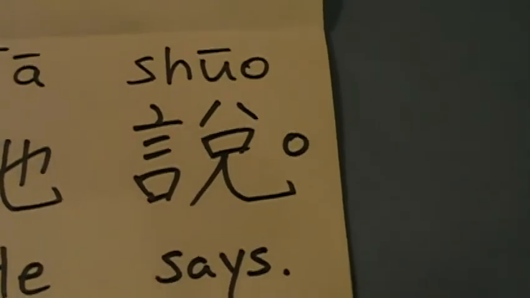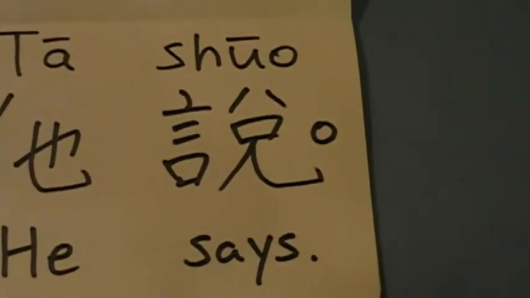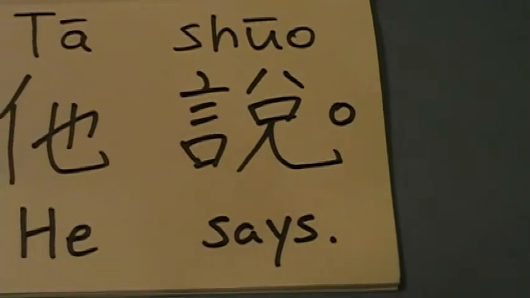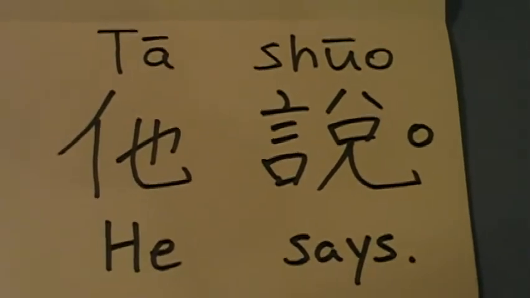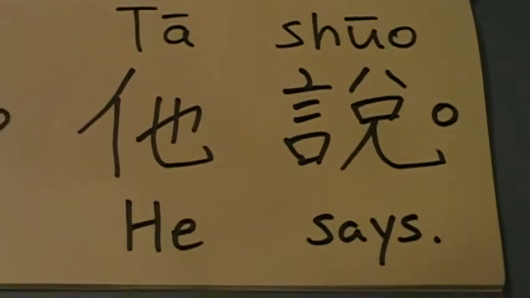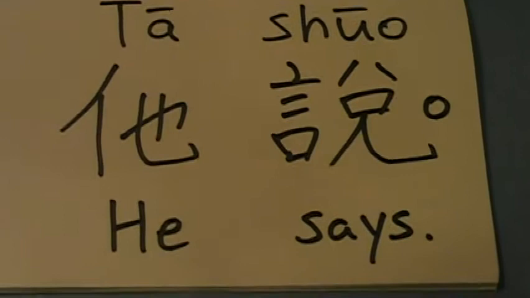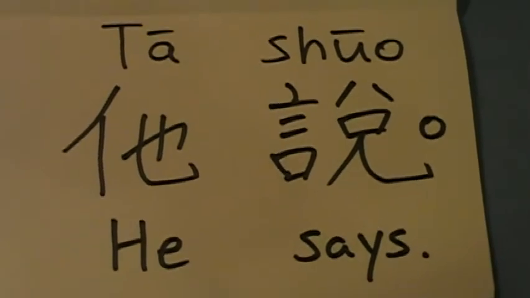Now, back to this. 说 is the verb in this case, and it means says. Different from English, 他说, which means he says, does not require the additional s behind say.